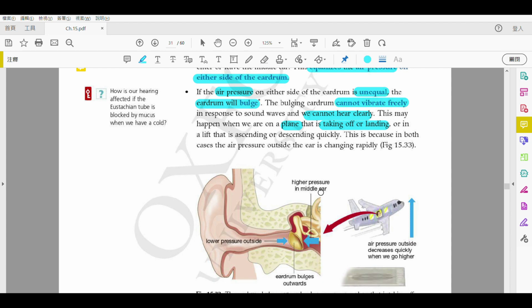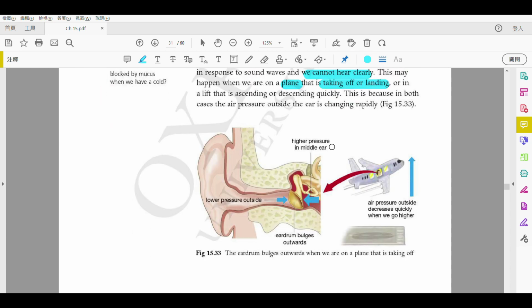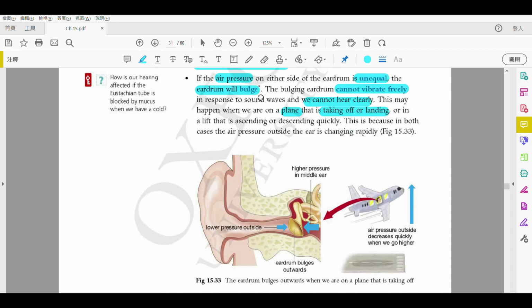Okay, 起飛降落嗰陣時啦。咁 another word for what I wrote earlier, you can say that it's ascending and descending quickly. 上升下降啦，突然地。Alright, so why do we feel painful to our ears? Because the air pressure is different between the inner ear and the outer ear.